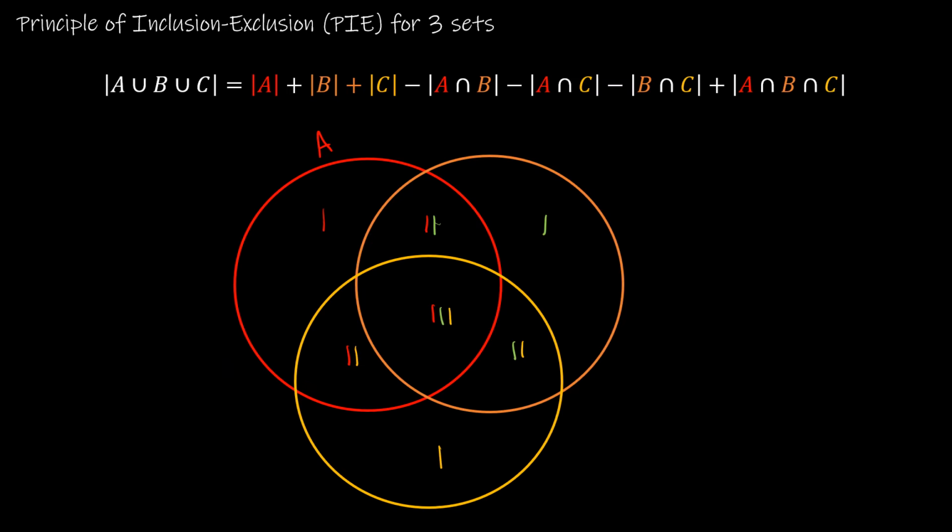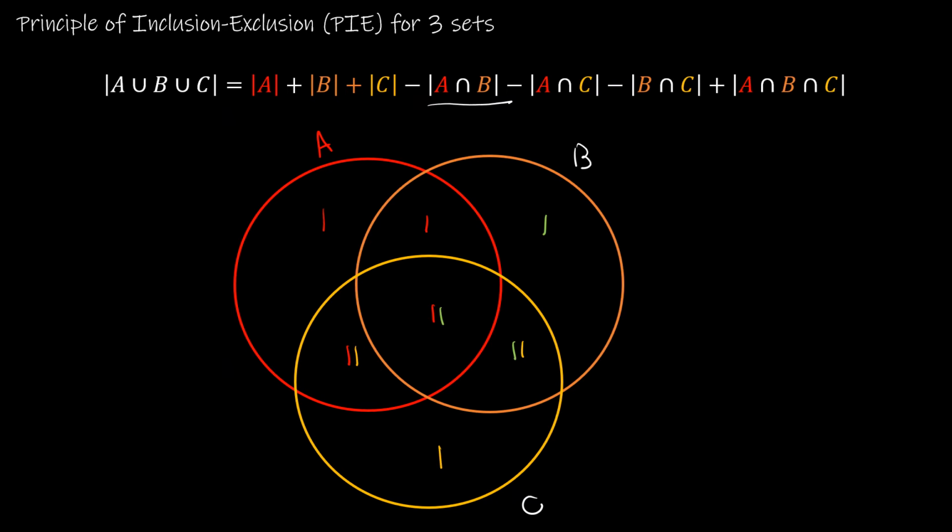Now we can see what the problem is right now. I can see that I've added this section twice, this section 3 times, this section twice, and this section twice. So if you'll notice on my next step, I'm now going to subtract A intersect B. This is B, this is C. So I'm subtracting this guy and this guy because that is where these two overlap.